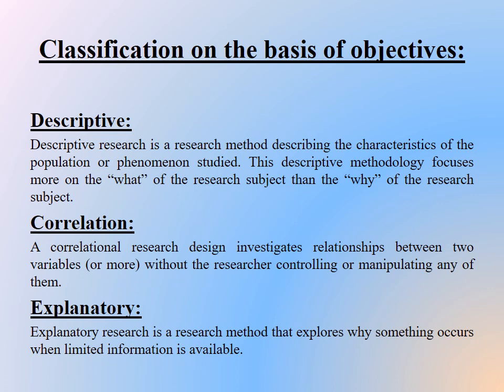The correlation term has the word relation in it, which means relationships. So, this research investigates relationships between two or more variables, that too when the researcher would not be controlling or manipulating any of the variables. Next is explanatory research.